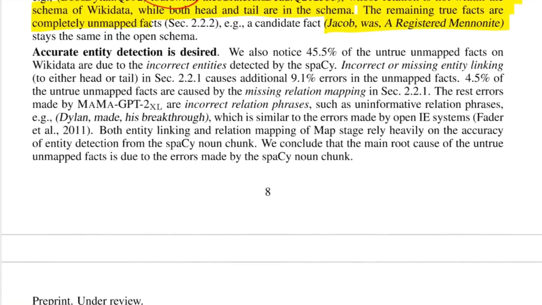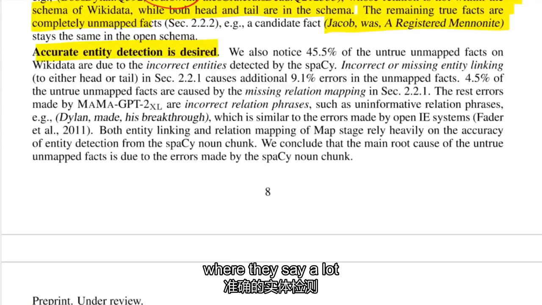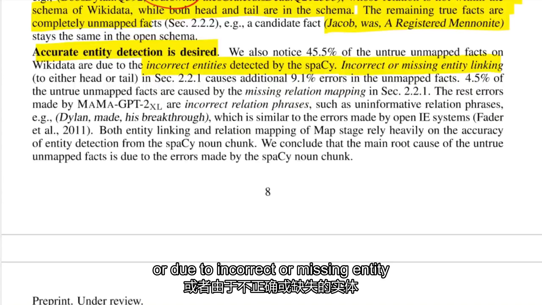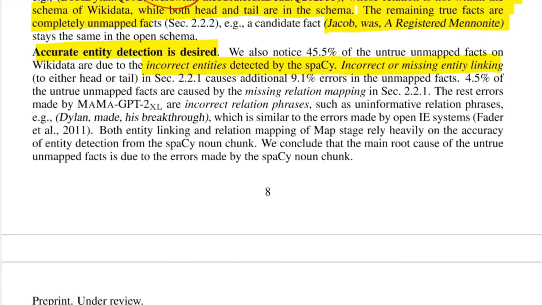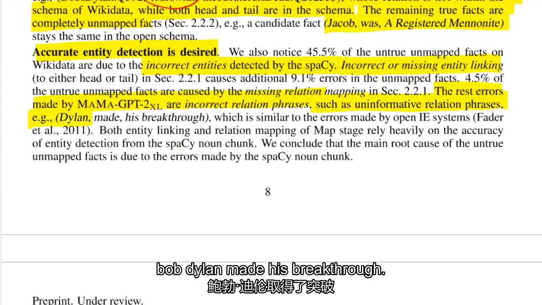And they also say accurate entity detection is desired, where a lot of the errors are due to spaCy detecting incorrect entities, or due to incorrect or missing entity linking by those systems. The rest of the errors made by MAMA are incorrect relation phrases, such as uninformative relation phrases. For example, Bob Dylan made and his breakthrough.